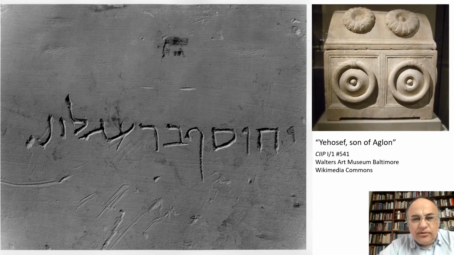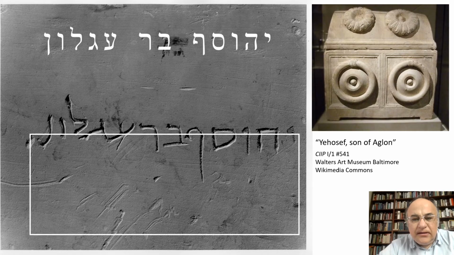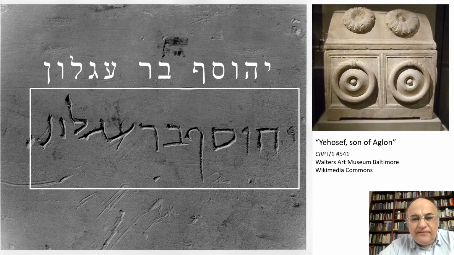Our second inscription is similar to the previous one. Let's spell the characters: Yod, He, Vav, Samech, final Pe, Bet, Resh, Ayin, Gimel, Lamed, Vav, and final Nun.